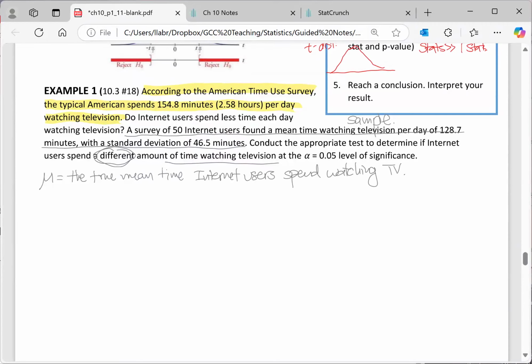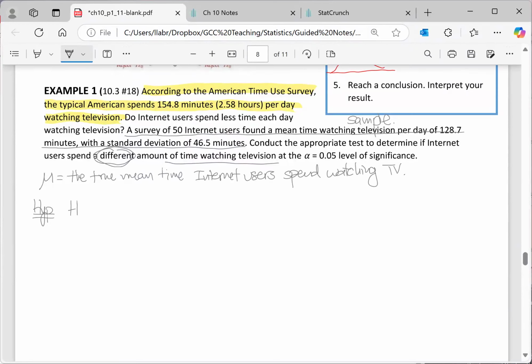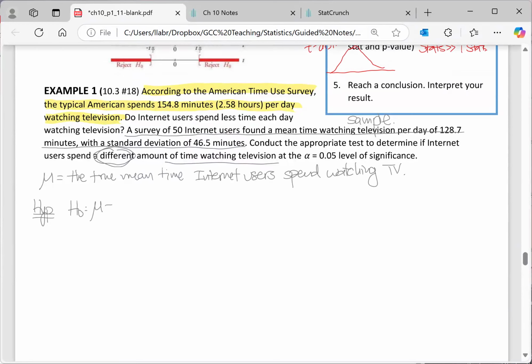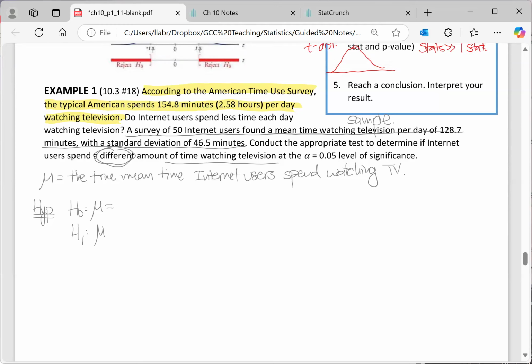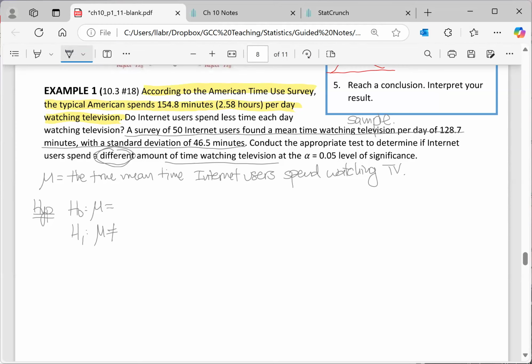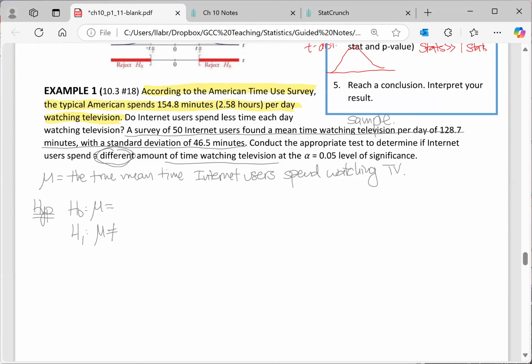Now my hypothesis. So mu, oh, and they said different, so it's going to be a two-tailed test. All right, so now what could we potentially say is the mean time that internet users spend watching TV? Now, we don't know. So there is this general statement that was made that's highlighted and that says that typical American.